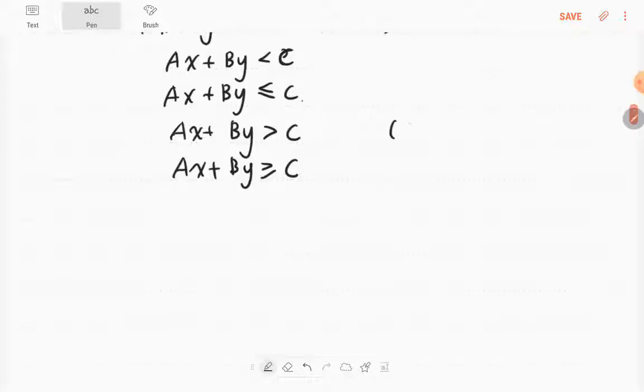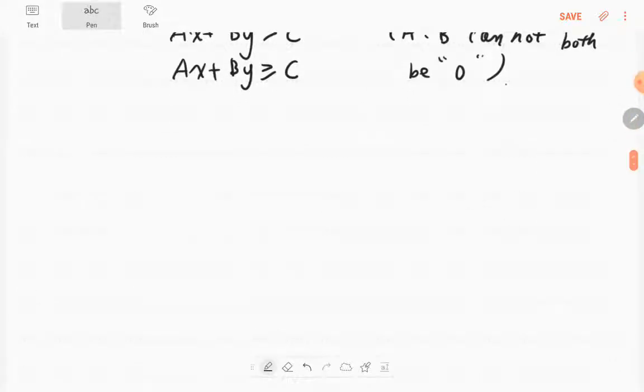So there are 4 different forms for linear inequality. Of course, A and B here cannot both be 0. So A and B, at least one is not 0.